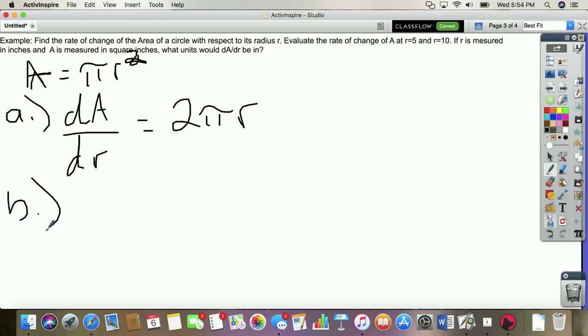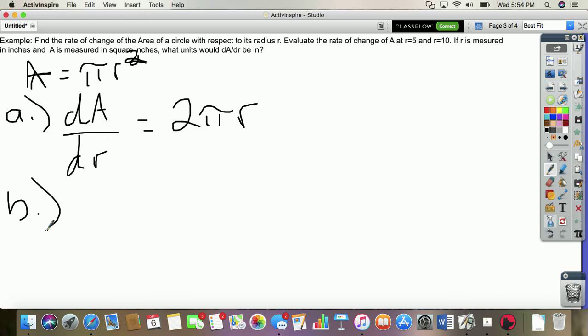Well, there's our instantaneous rate of change. Now it says, evaluate the rate of change of the area when r is 5 and when r is 10. We'll go into our past definition. If you want to find the instantaneous rate of change at the exact spot, we need to substitute wherever our radius is into our derivative.